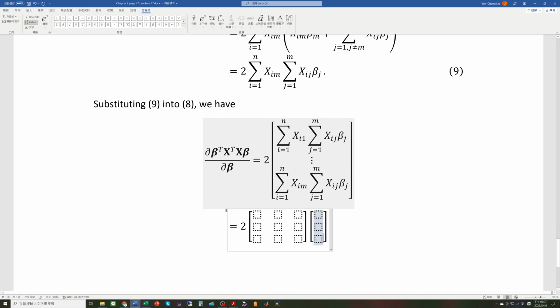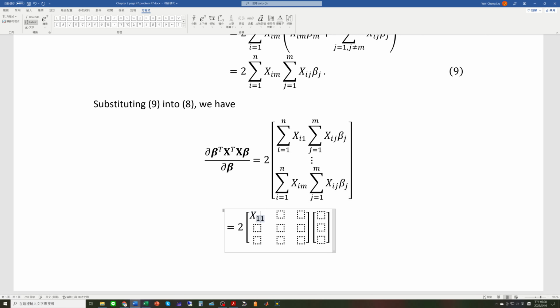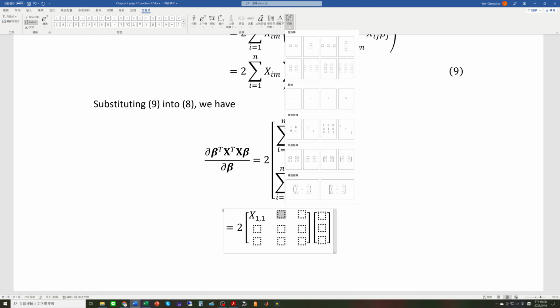So here is x_i1, i is equal to 1 to n. We know that the first element of the first row of the matrix is x_i1 with i replaced by 1, and the horizontal dots.